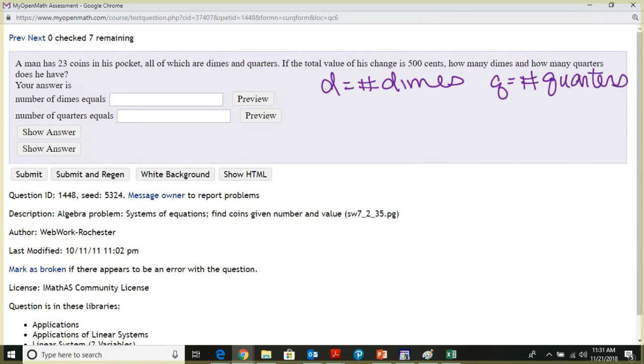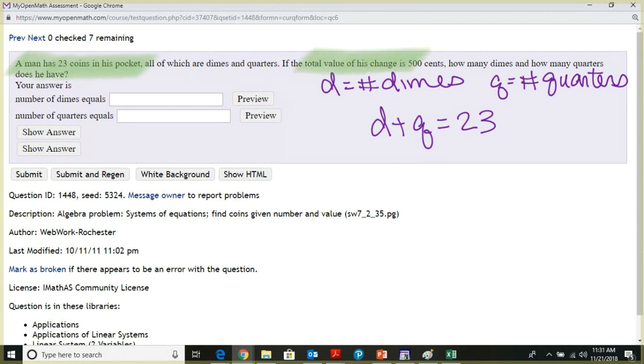We need to come up with two equations. Right here it says there's 23 coins in his pocket, so D plus Q must equal 23.